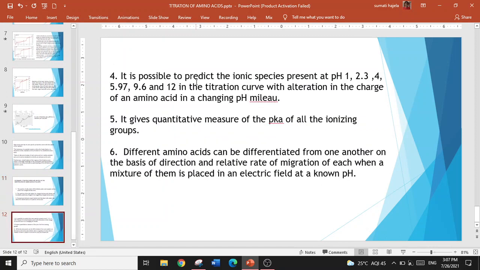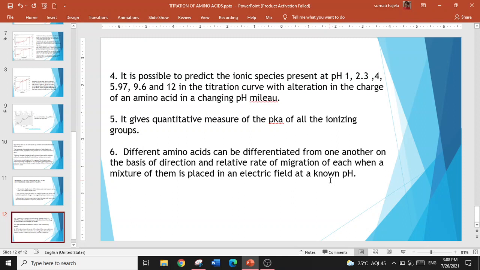It is possible to predict the ionic species present at pH 1, 2, 3, 4, 5 till 12 in the titration curve with alteration in the charge of an amino acid in the changing pH milieu. It gives a quantitative measure of pK of all ionizing groups. Different amino acids can be differentiated from one another on the basis of direction and relative rate of migration of each when a mixture of them is placed in an electric field at a known pH.